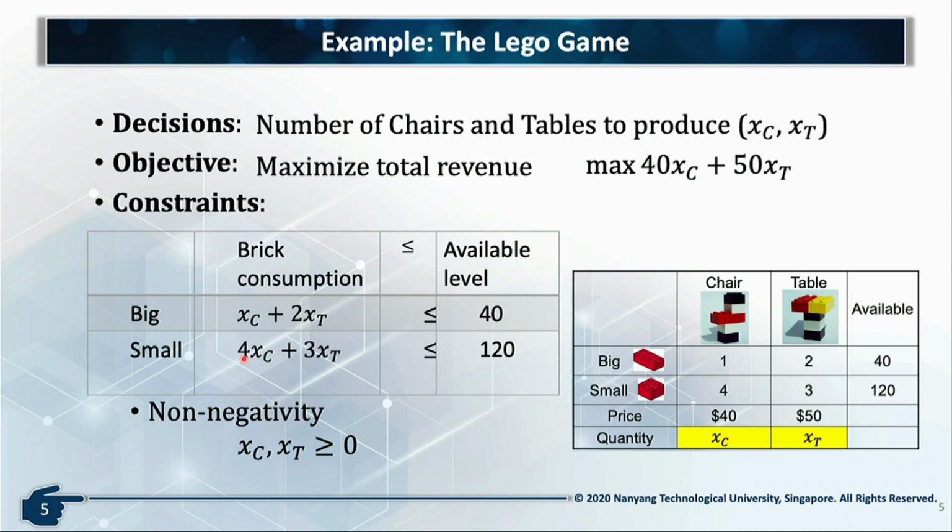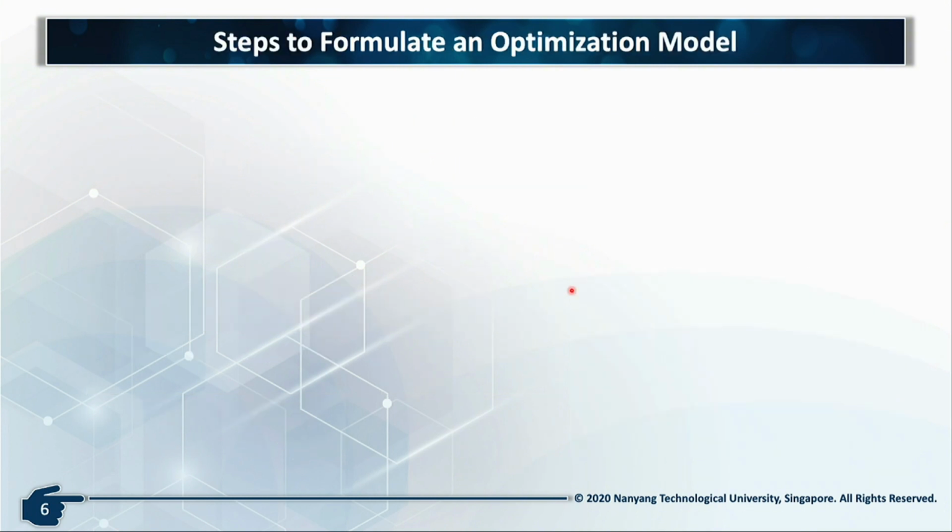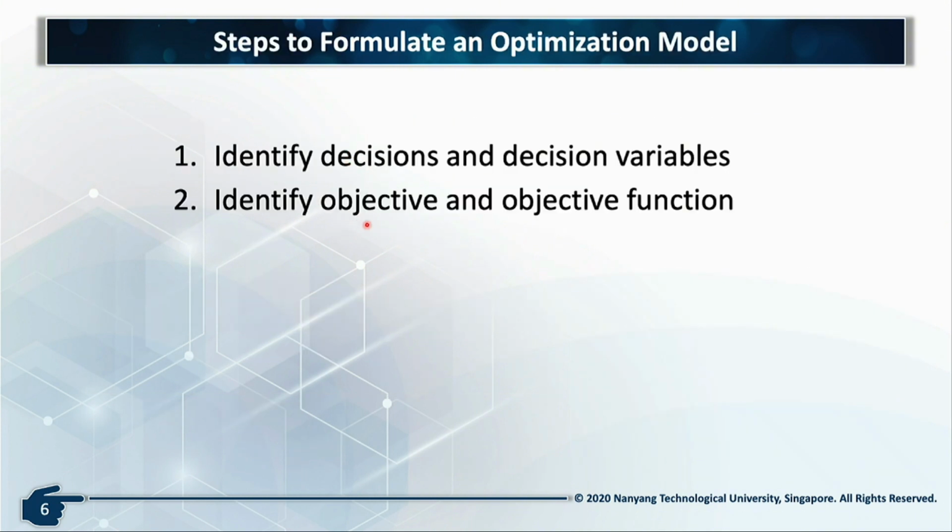Okay, now in this decision process, we already figured out what are the decisions to make, what is our objective to achieve, and what are the constraints in making those production plans. And this, with decisions, objective, and all the constraints all represented in terms of the decision variables, we call it an optimization model.